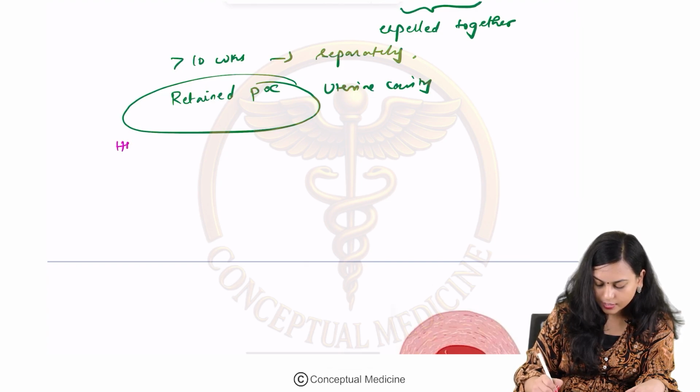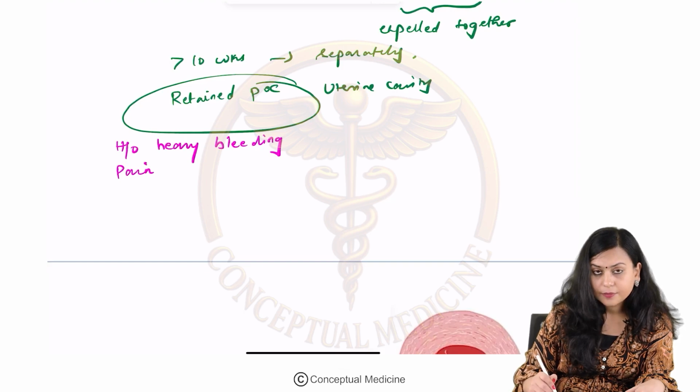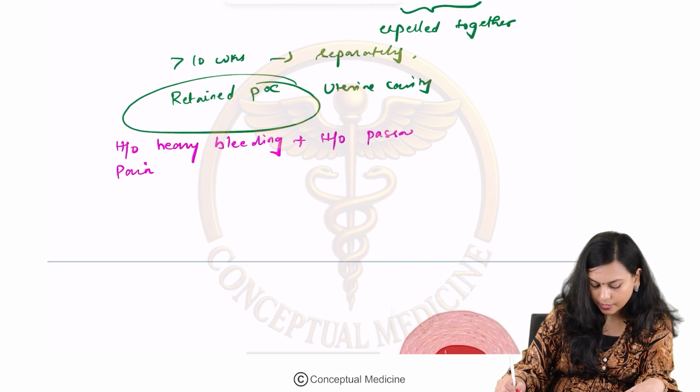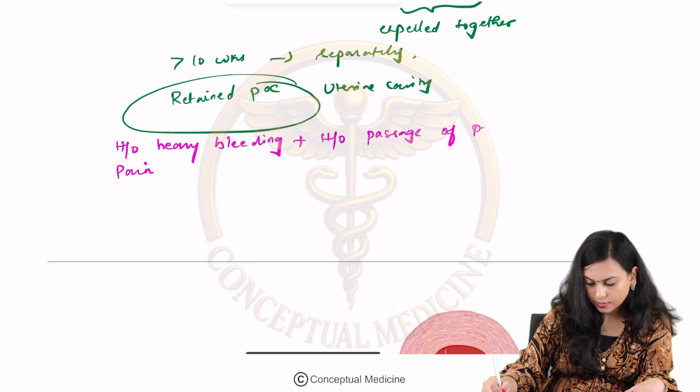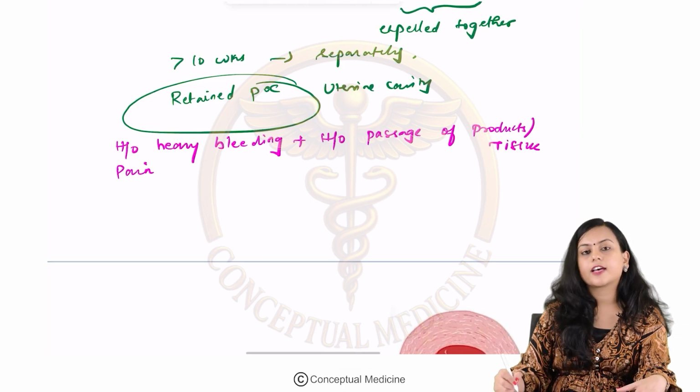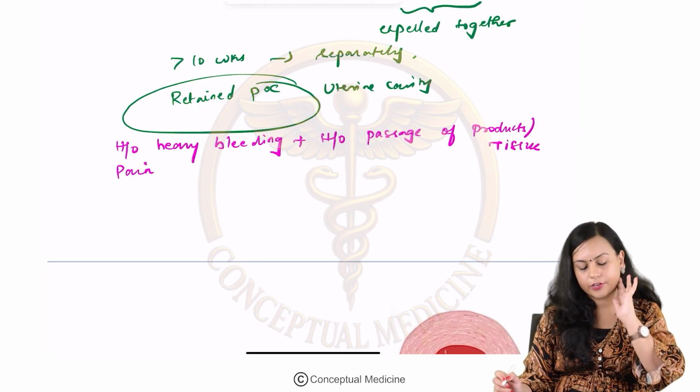If you see the symptoms, there will be a history of heavy bleeding. Pain may be present, and sometimes this history of heavy bleeding can also be associated with a history of passage of some products or tissue. If you ask the specific history, you will be able to differentiate it.